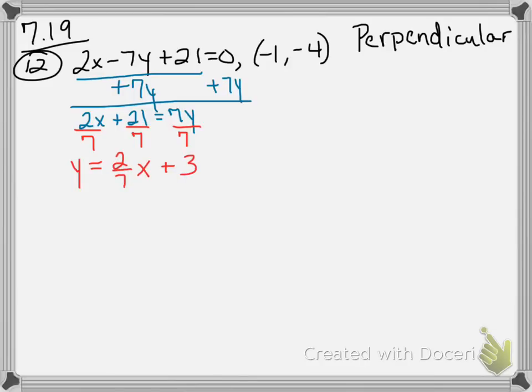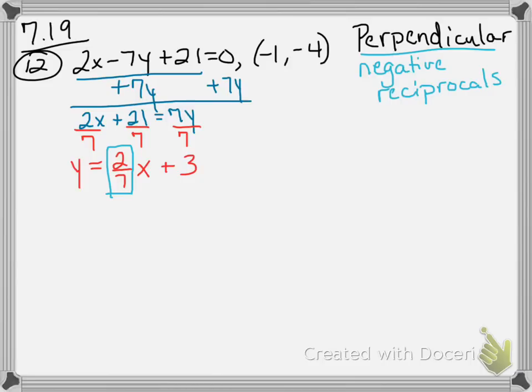Okay. Now, the next part of this is that I need to figure out the perpendicular slope. The slope of the line that is given is 2/7, but perpendicular lines have slopes that are negative reciprocals of each other.